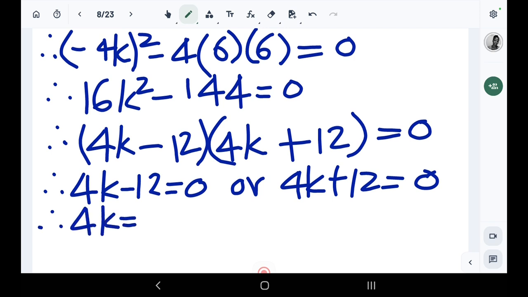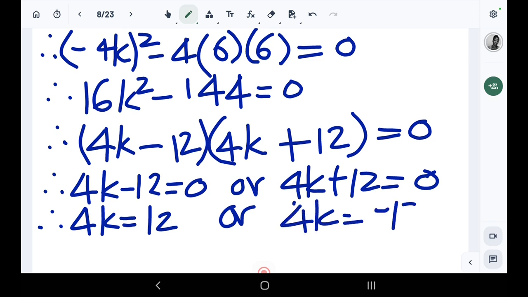4k equals 12, or 4k equals negative 12. Now, in order to find k, you divide both sides by 4.